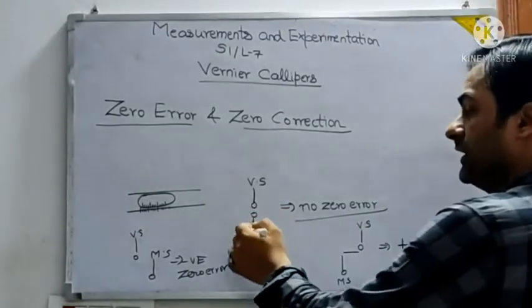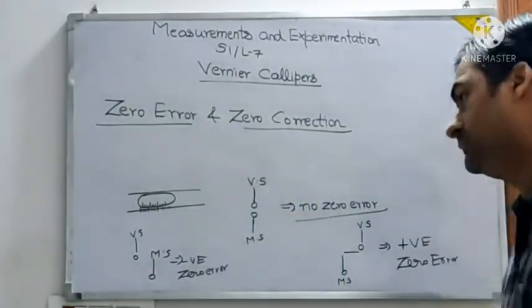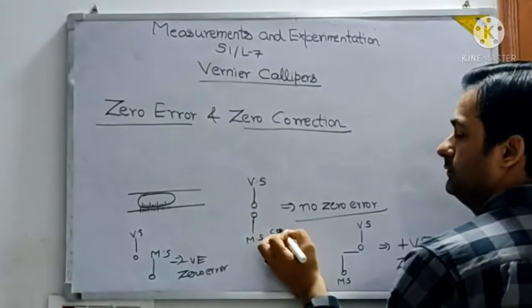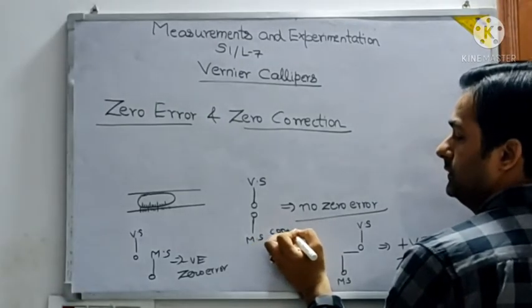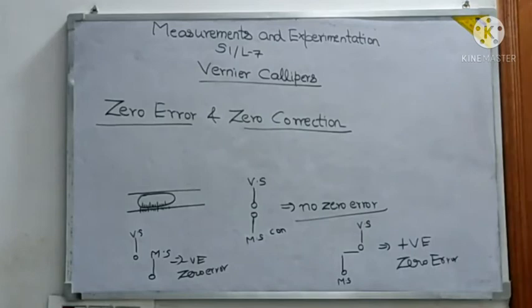So the zero of the vernier and zero of the main scale are coinciding. So what happens then?